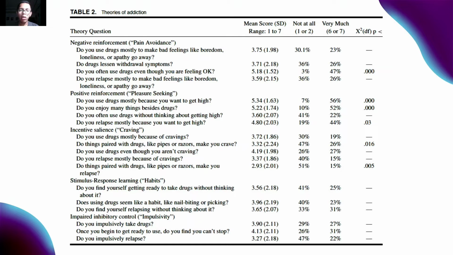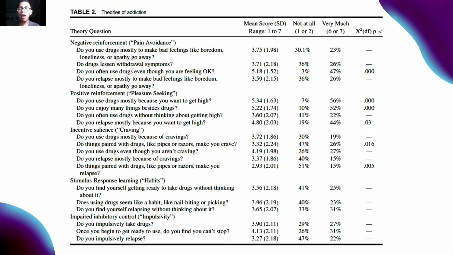Responses were recoded into 3 categories: 1 to 2 is not at all, 3 to 5 is somewhat, 6 to 7 is very much, to simplify the data analysis. The frequency at which participants selected each category across all questions was calculated, and this frequency was used as the expected frequency for each question.